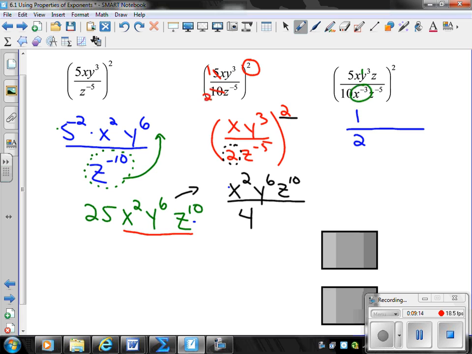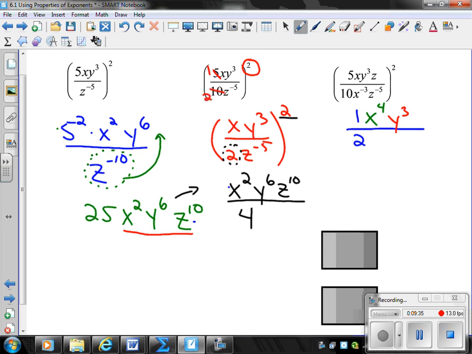So I'm going to have an x to the 1 and an x to the +3 up top for a total of x to the +4. And now we're going to move on to the y's. Well, it's kind of nice because the y's only have one term, right? So this is going to stay as y to the +3 on top.